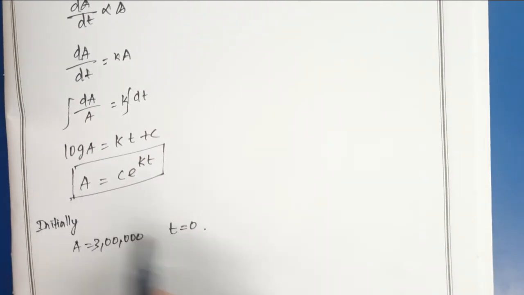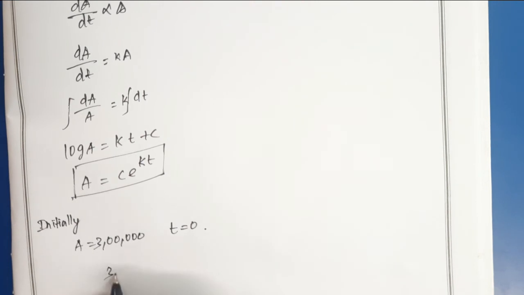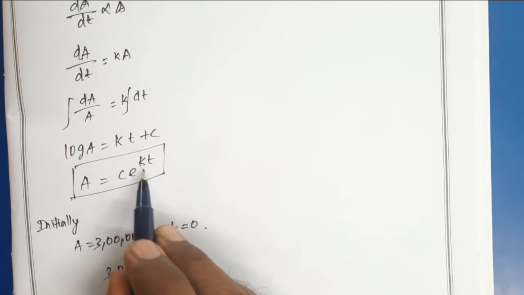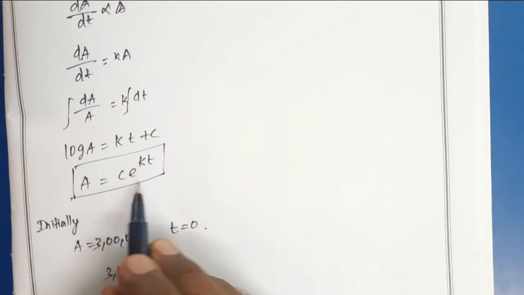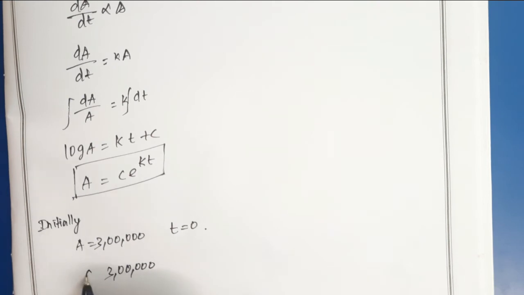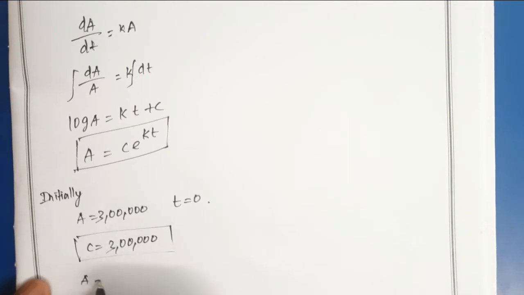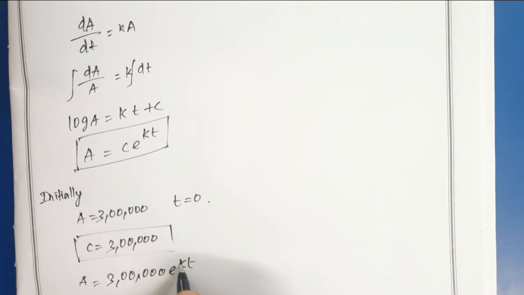Substituting, we get 3 lakhs equals C e power k into 0. Anything power 0 is 1, so C is equal to 3 lakhs. Substituting C equal to 3 lakhs, we get A is equal to 3 lakhs e power kt.